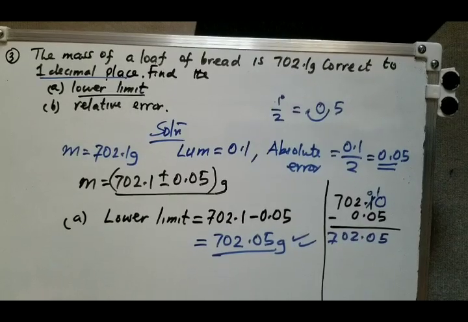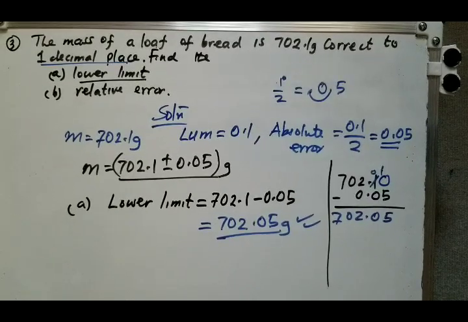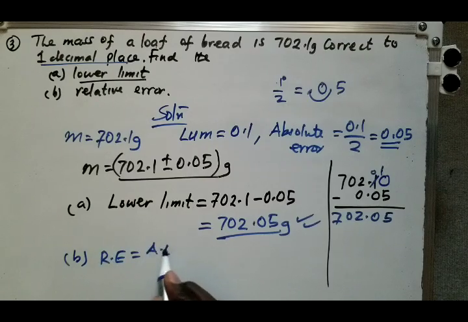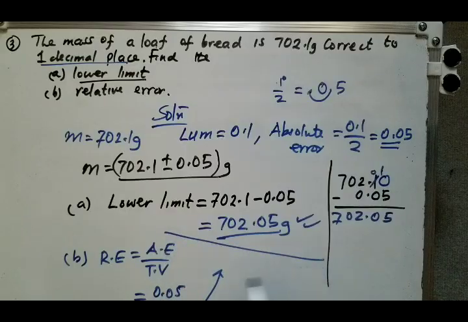Then the other question says that we find the relative error. So B, how do we get the relative error? Remember we said it's the absolute error over the true measurement or the true value. So the absolute error, what we got there, 0.05 divided by the true measurement 702.1, and that's what we are having. Let's try to see if we can reduce that.